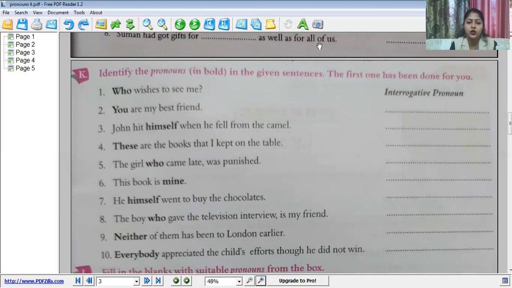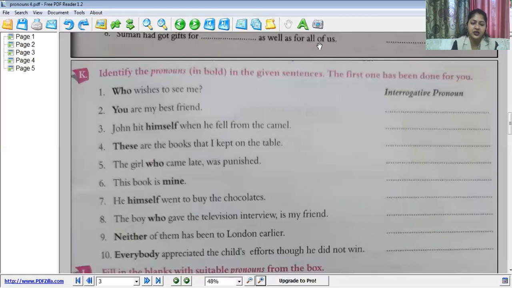The boy who gave the television interview is my friend. Who is a relative pronoun. Neither of them has been to London. Neither will go as indefinite. Okay. The last one: everybody appreciated the child's effort, though he did not win.